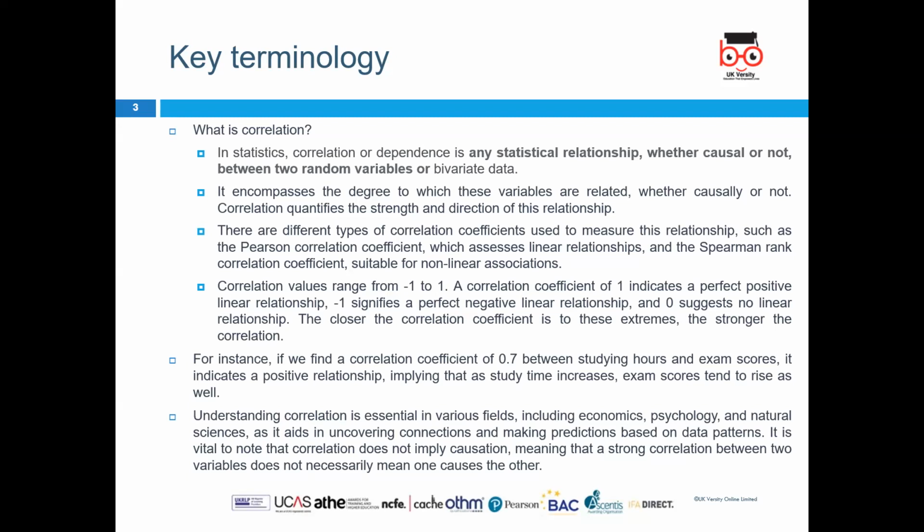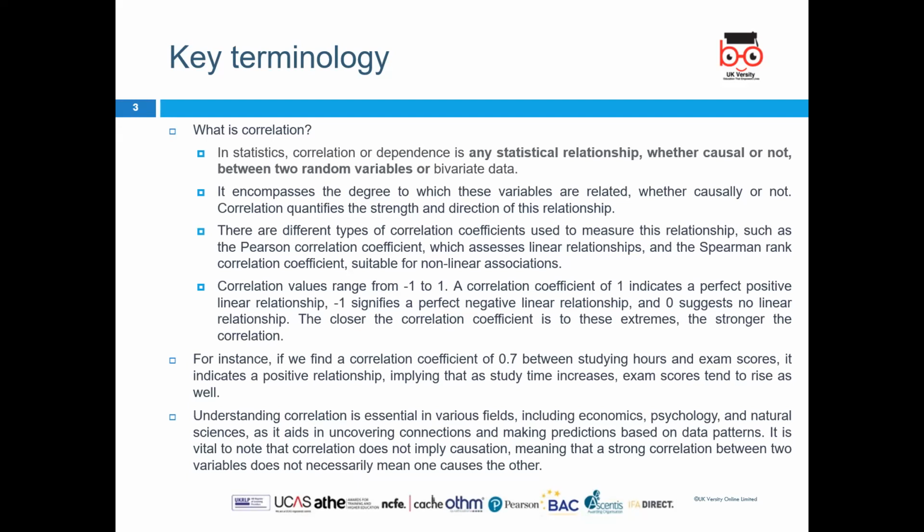A correlation coefficient of 1 indicates a perfect positive linear relationship, whereas a correlation coefficient of -1 denotes a perfect negative linear relationship, and 0 suggests no linear relationship.